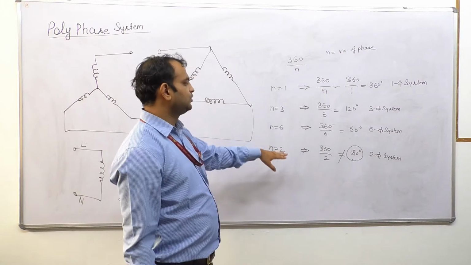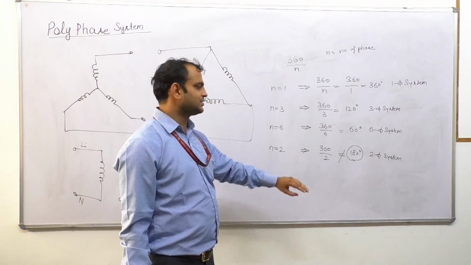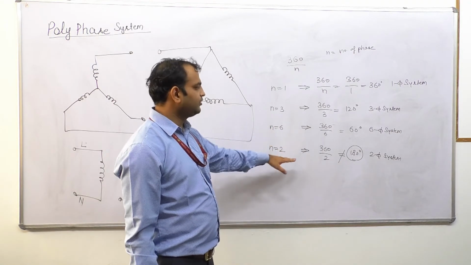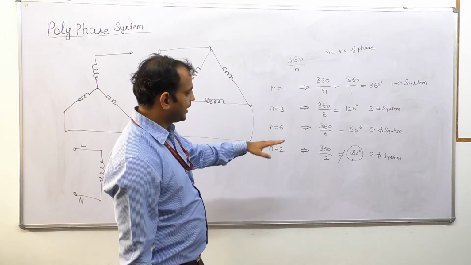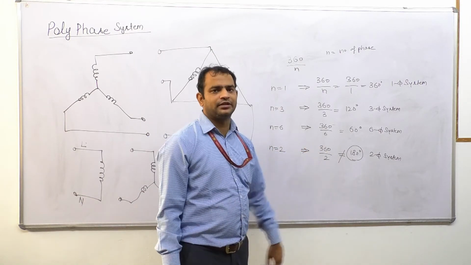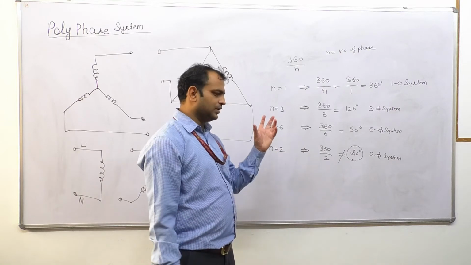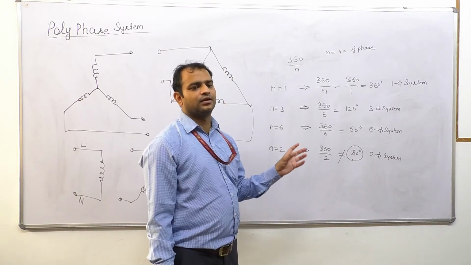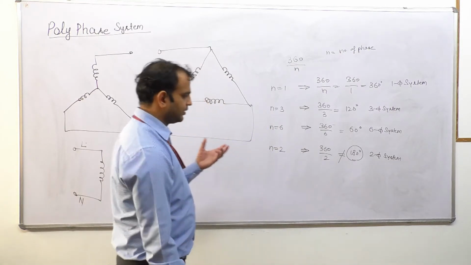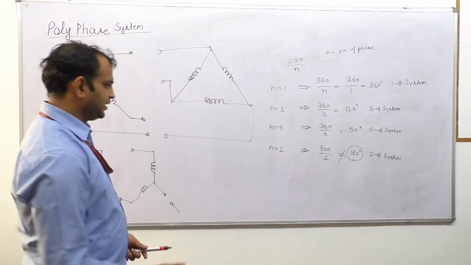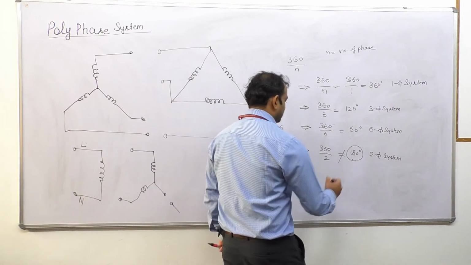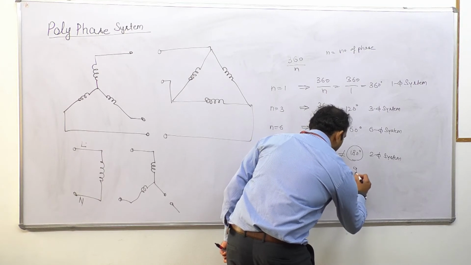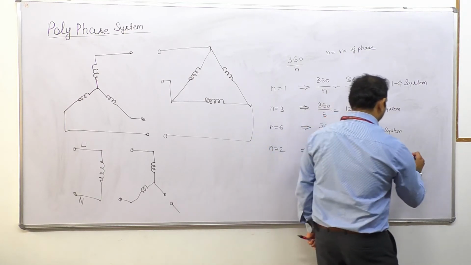For n equal to 2, for a balanced system, according to the formula, the phase angle should be 180 degrees. But when we analyze this empirically, it is not 180 degrees, it is 90 degrees. It is an exception.